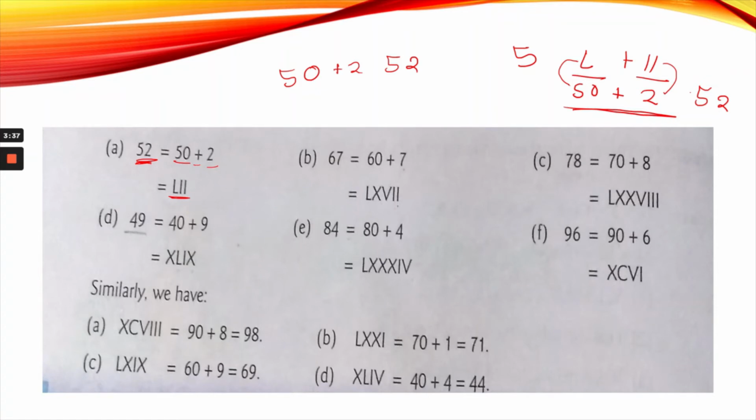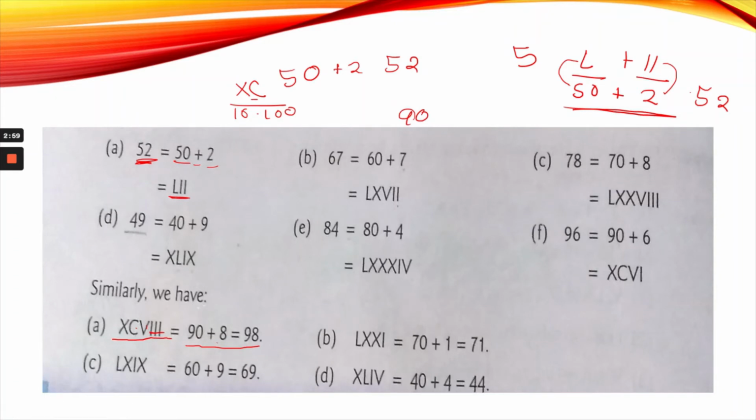Here similarly we have XCVIII. So here it is 90 plus 8 equals 98. This is C, and X is at the left. At the left will always be subtracted. So this is C and X, so 100 minus 10 is 90. Now how does the 8 come? The right is always added.